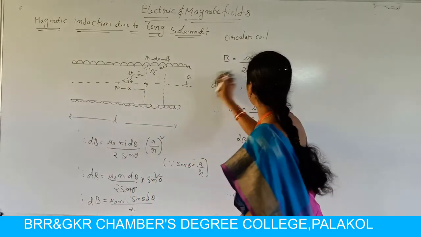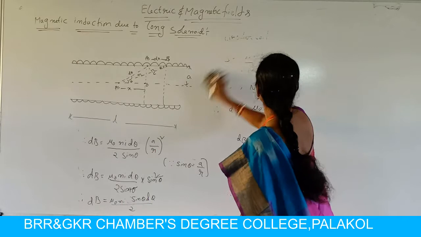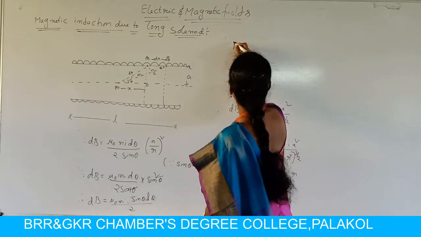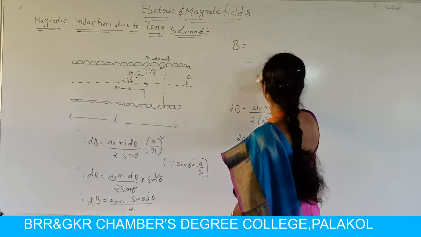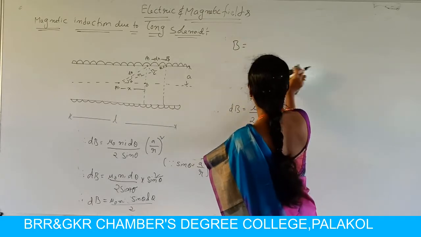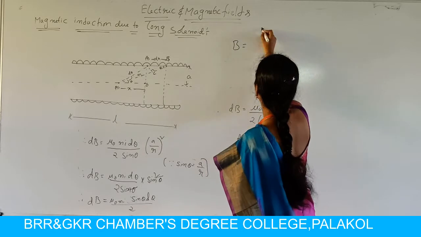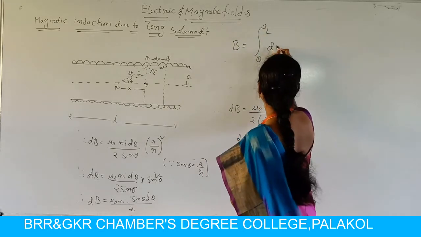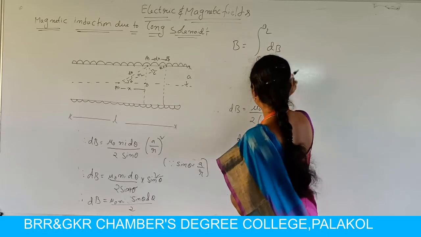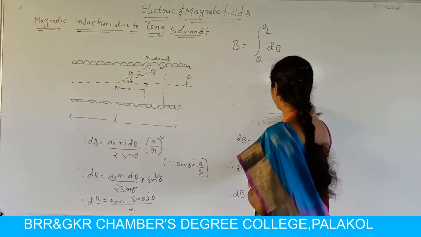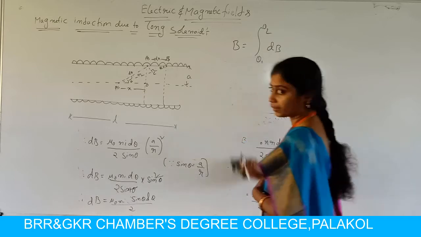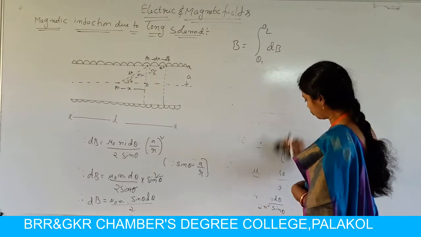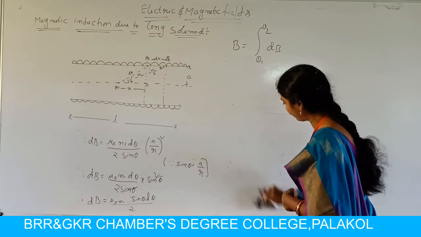So B, the magnetic field induction for the whole solenoid, is equal to the integral from theta 1 to theta 2 of dB. By substituting and integrating, we get the magnetic field induction for the entire solenoid.